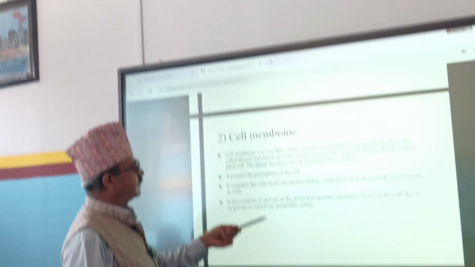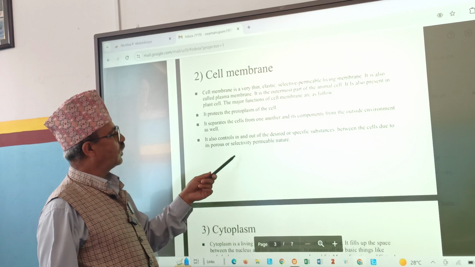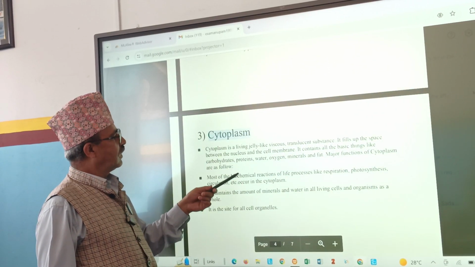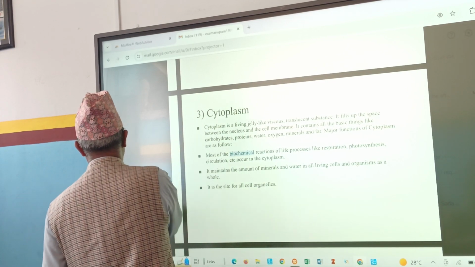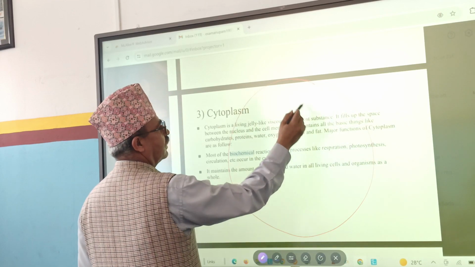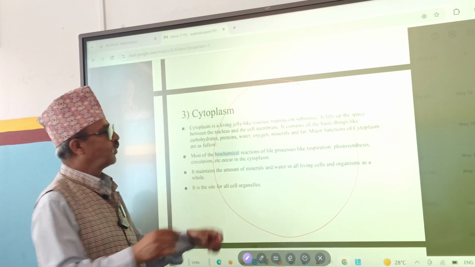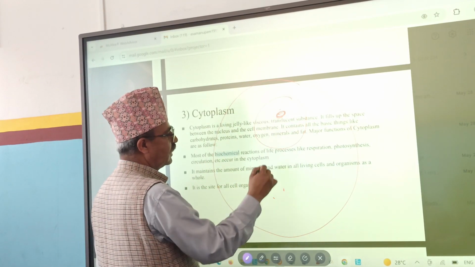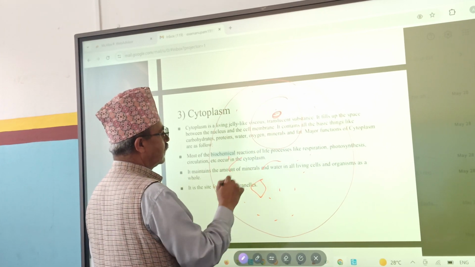Protects protoplasm. It separates the cells from one another. It also controls the in and out of the desired substances. When we talk about protoplasm, protoplasm lies inside the cell. This is the cell. Whatever is there inside, what is it called? Protoplasm. Protoplasm has got two parts. One part is nucleus, and the other part is called, what is it?